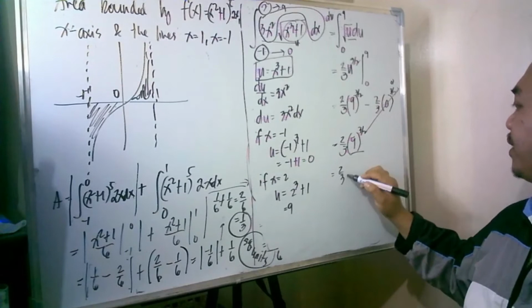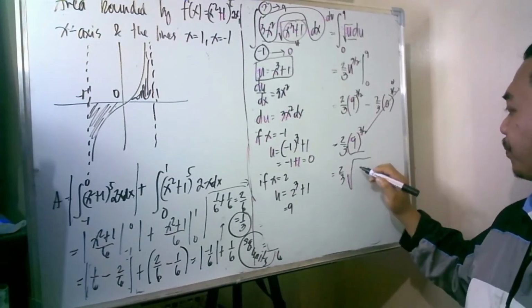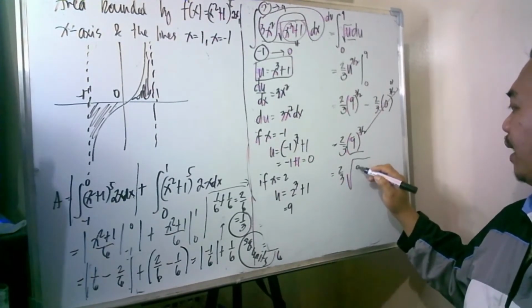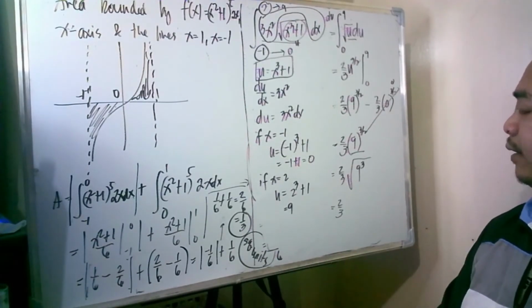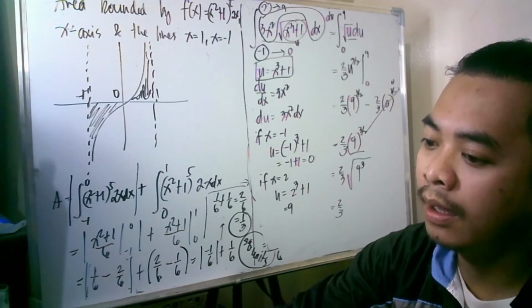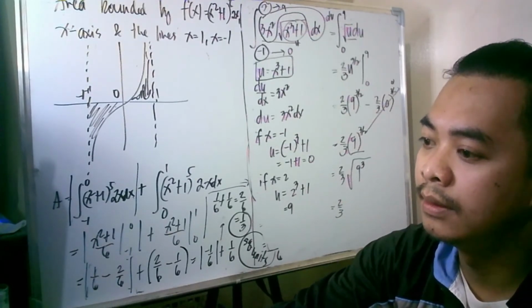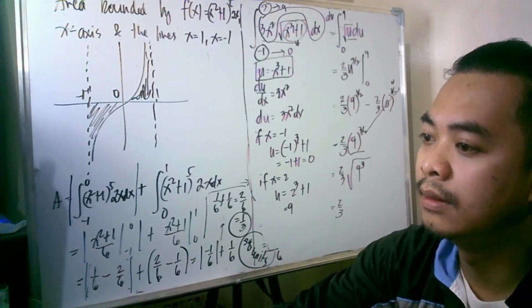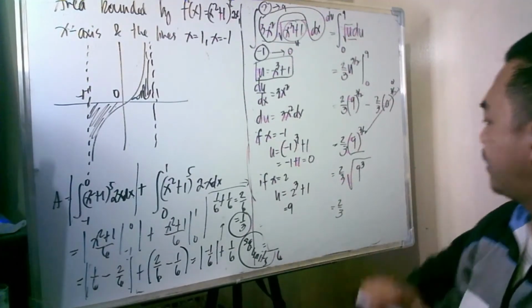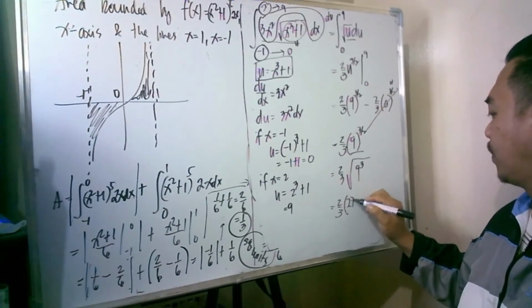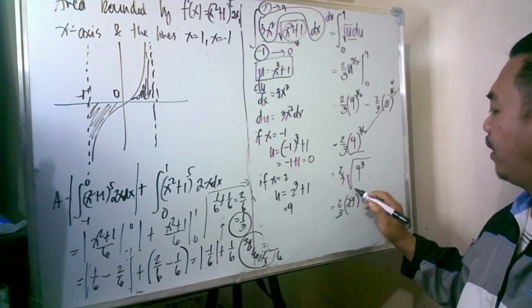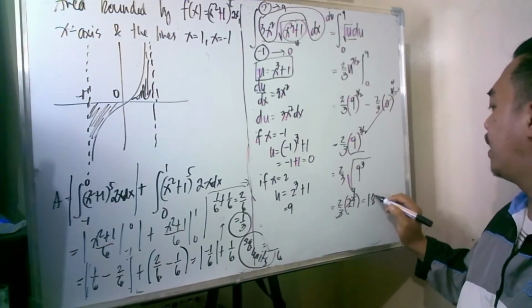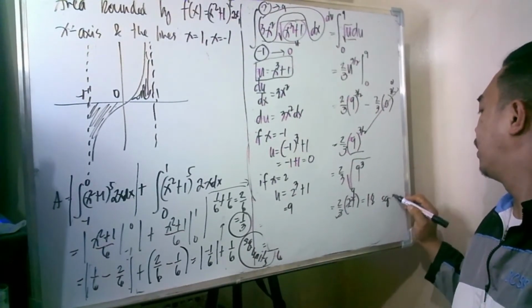This part here is just the same as square root of 9 cube, no? Ano ba ang square root of 9 cube? Ang 9 cube ay 729. If you take the square root of that, it's 27. Tapos, 27 divided by 3 ay 9. Kaya ang sagot ay 18 squared.